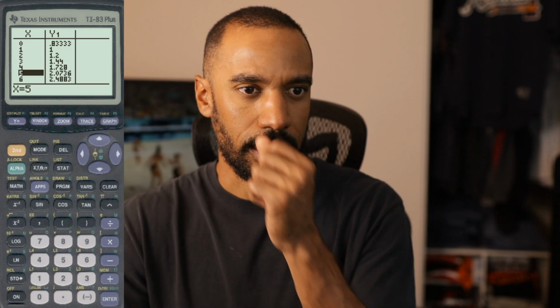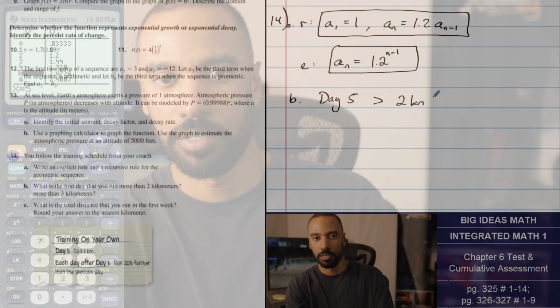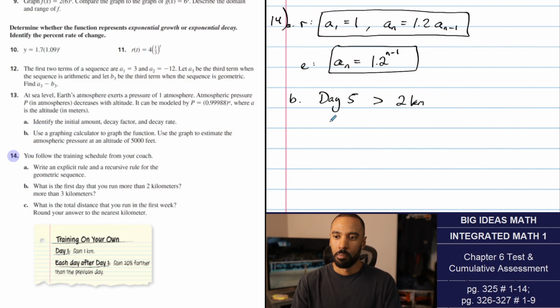I can do the 1.2 to the x minus 1 power here. And I can use the table, for example, and we could say on what day we go beyond 2. The 5th day is the first day. So on day 5, we go beyond 2 kilometers. Day 5 is more than 2 kilometers of running. So I wrote it like that.